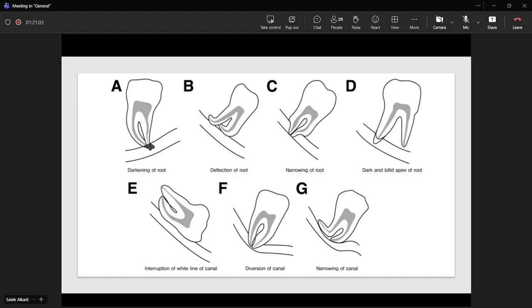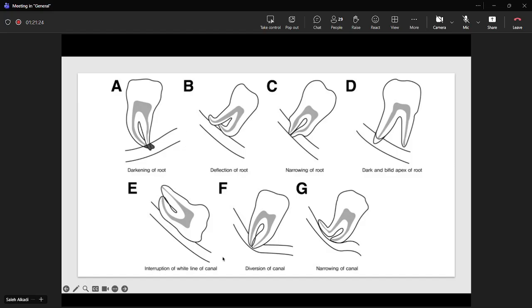Four of these signs are for the roots themselves and 3 for the canal. If you look at the roots, one of the signs is darkening of the roots. The others are deflection of the roots, narrowing of the roots, and a bifid apex of the root.